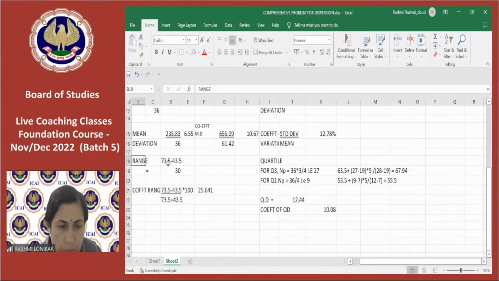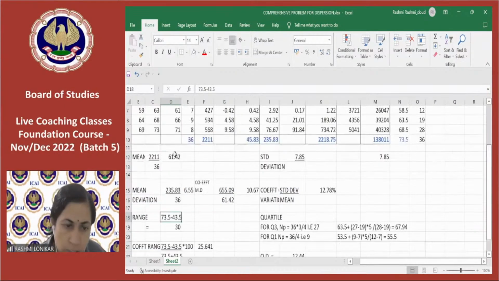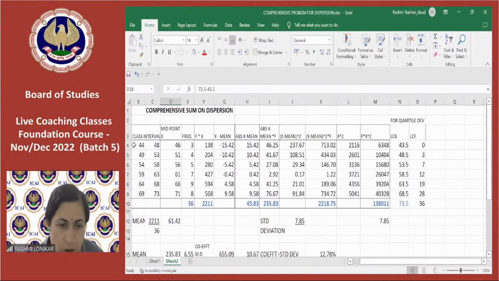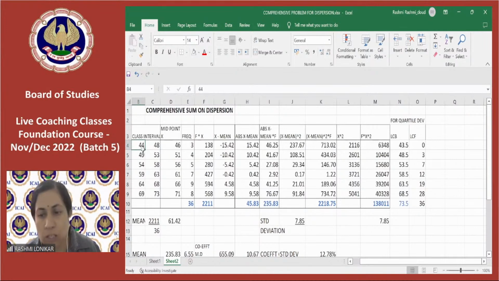Range. Range will be the highest value minus the lowest value. In this, the classes are 43 to 48, then 48 to 49, so here I see the class is not continuous. I must make it continuous. How do I make it continuous? By using the lower class boundary and upper class boundary.